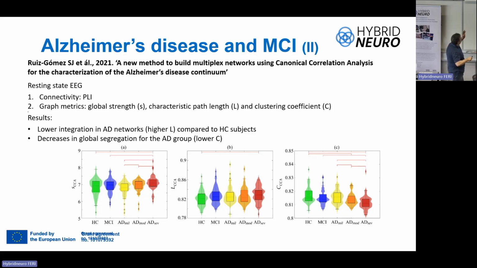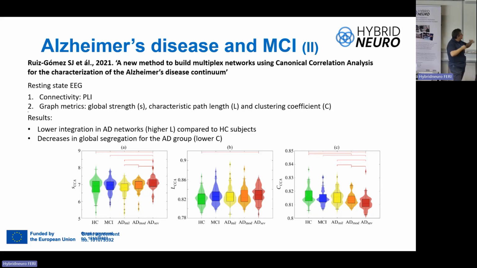So in this case, the path length is the distance between two electrodes, and is higher with respect to the controls, because the connection is like, okay, I have to get to Maribor, but the distance from Barcelona is very, very long. This is connected, but the path length is very long.